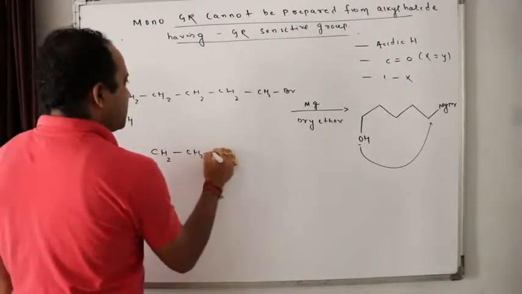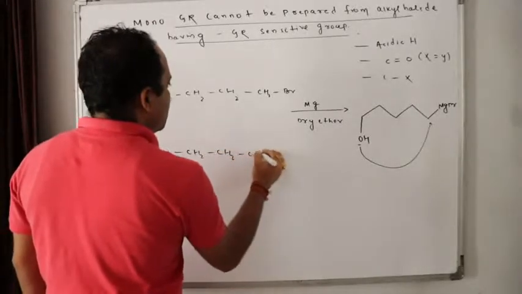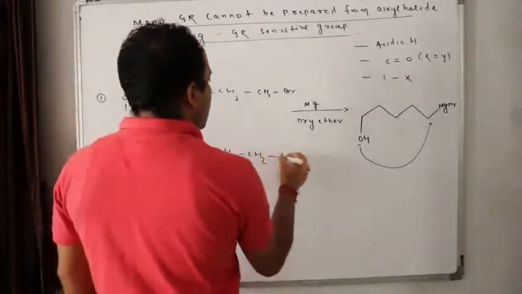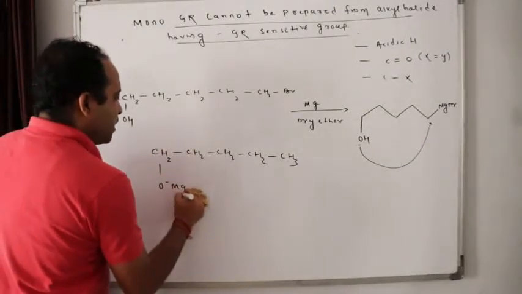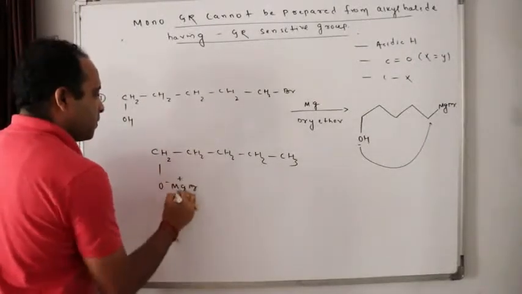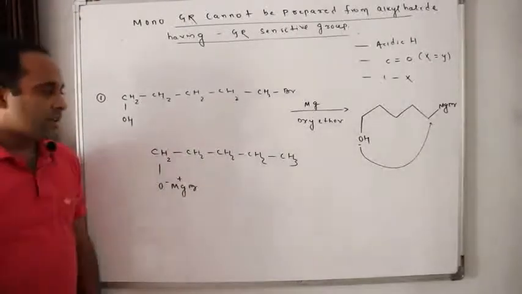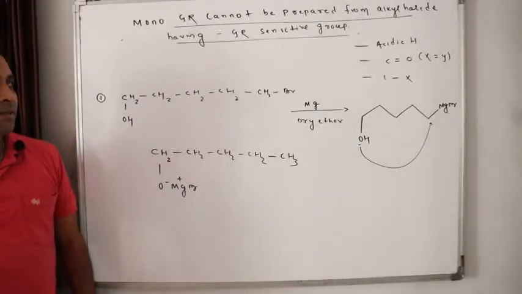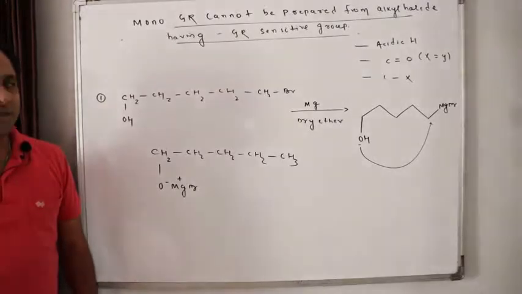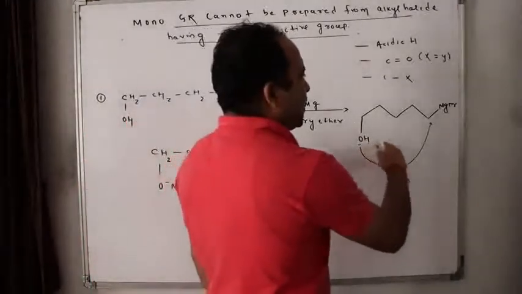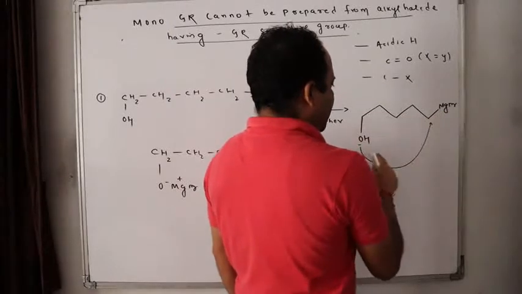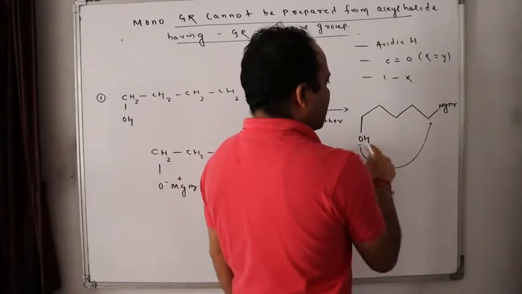CH2, CH2, CH2, CH3, here O minus, isn't it? Is this the reaction we do with an acid sensitive group? Yes or no? Here the alkyl part attacks this hydrogen.